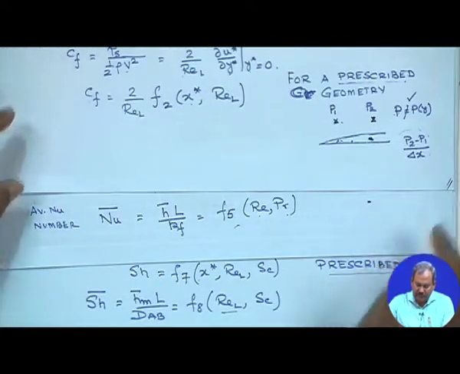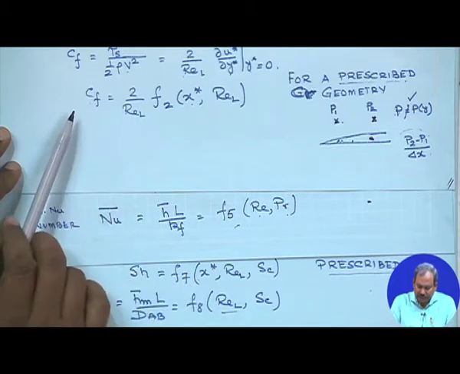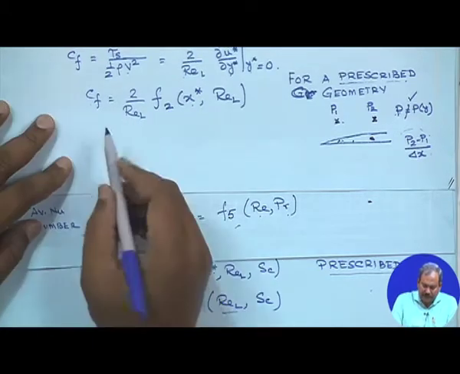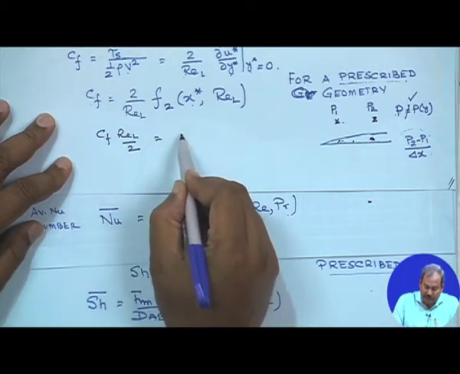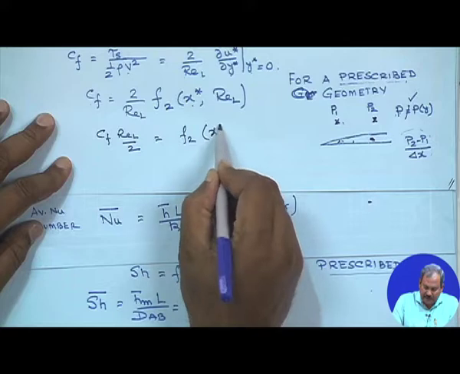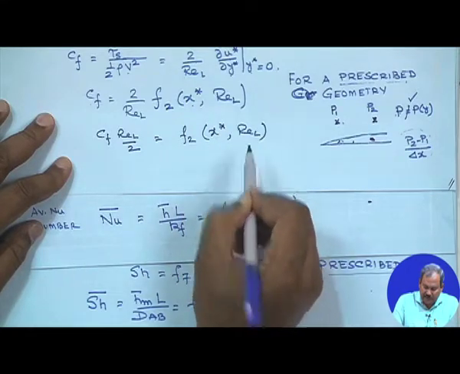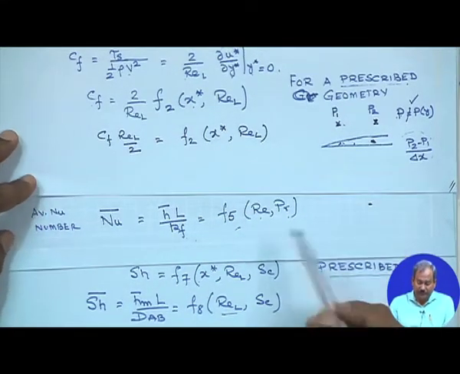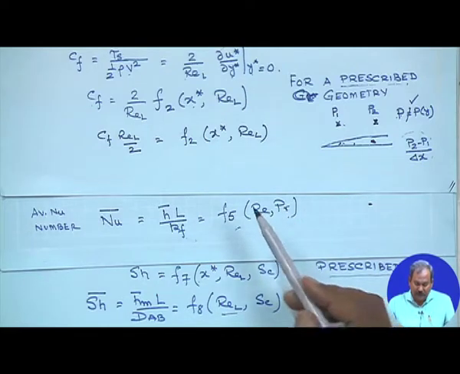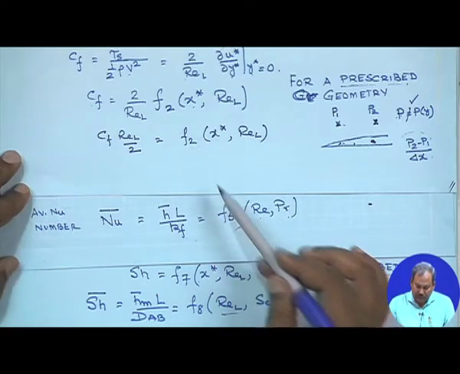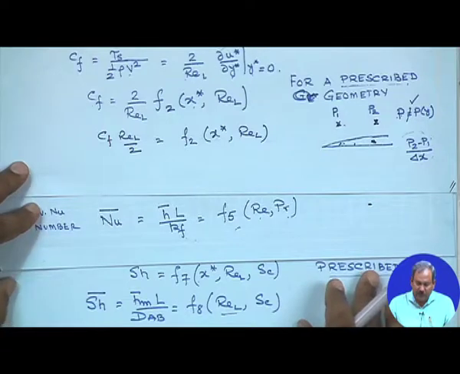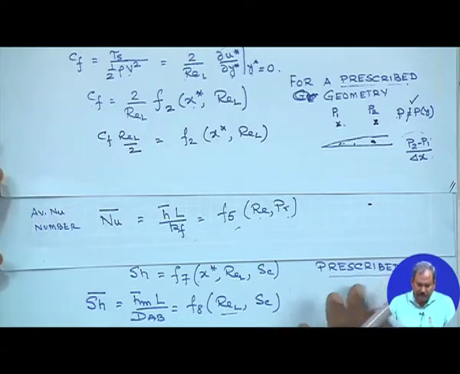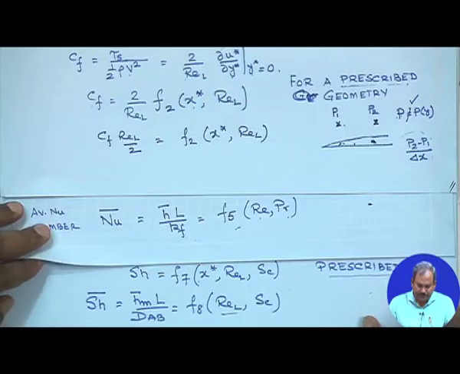And if you compare that with C_f, the friction coefficient, or rather C_f Re_L by 2, this would simply equal F2 of x star and Re_L. So, these three, F2, F5 and F8 together, would give you some idea about how we can try to get a relationship between all these things.